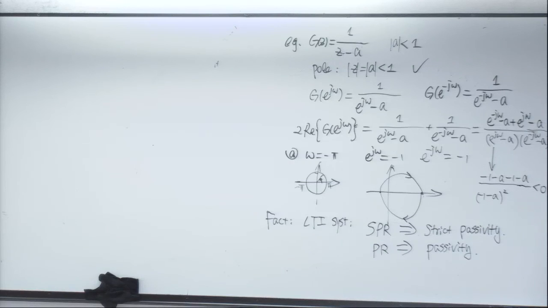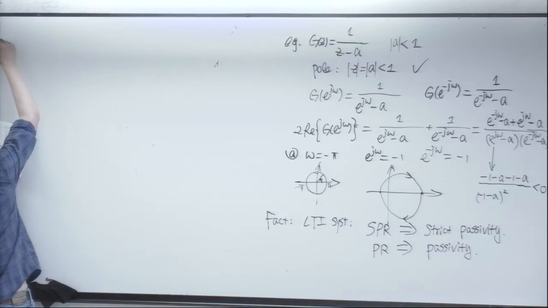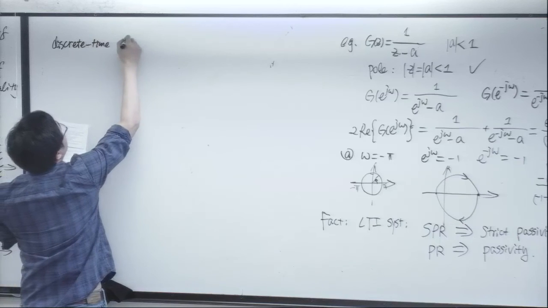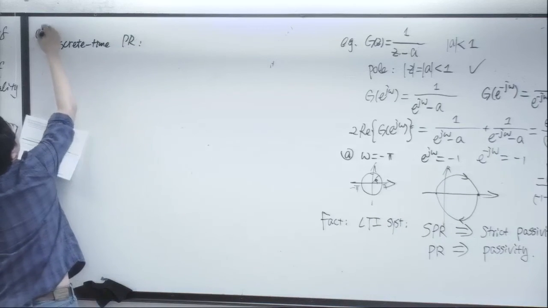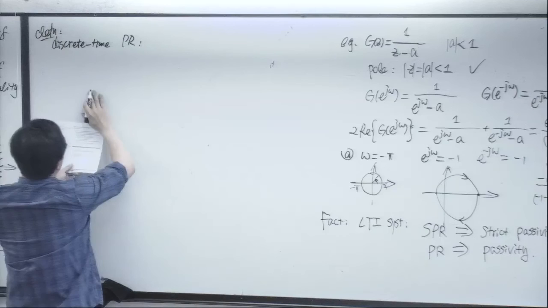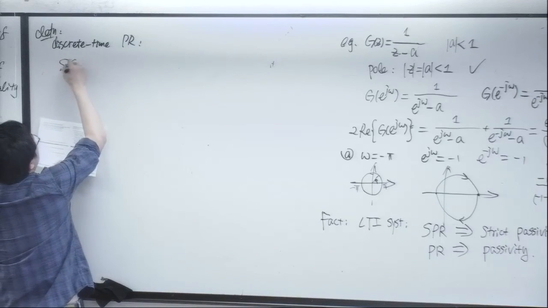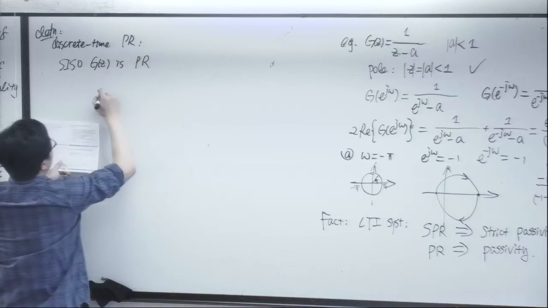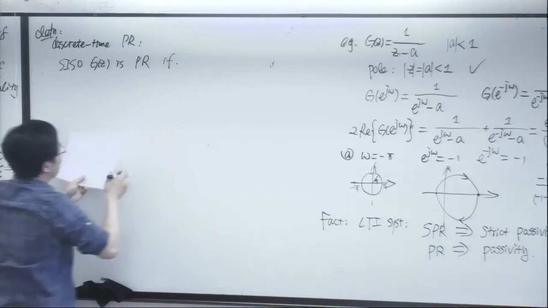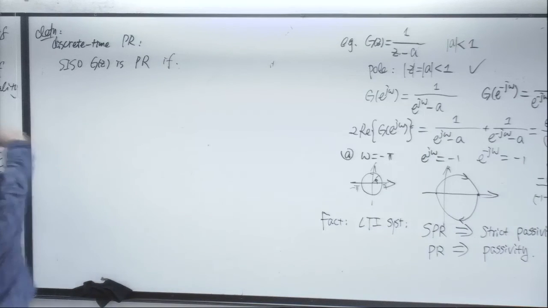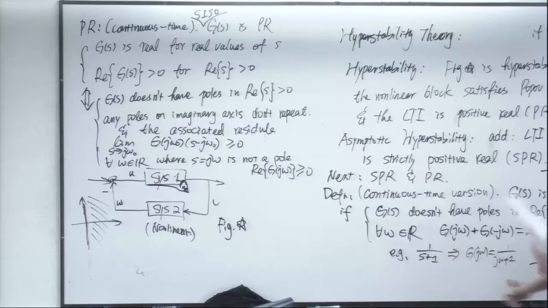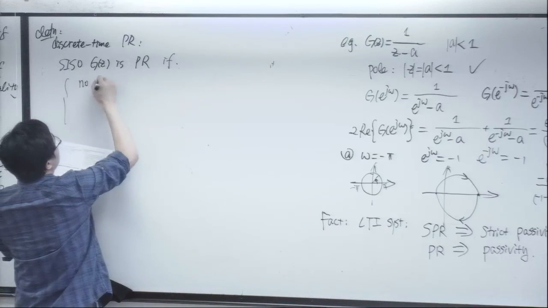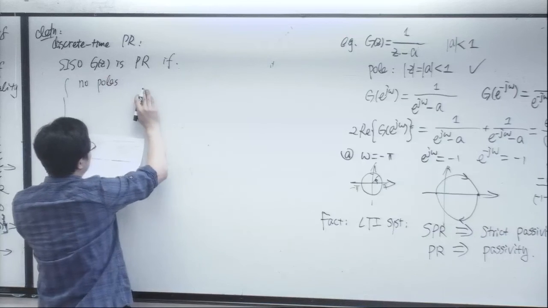I'll introduce the discrete time definition. So the discrete time positive real definition is a single input, single output transfer function, if, this time I will just use the equivalent definitions here, it has no poles that are unstable.